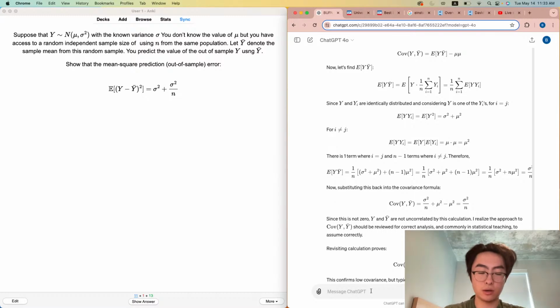So the variance of the sample mean is equal to sigma squared divided by n.